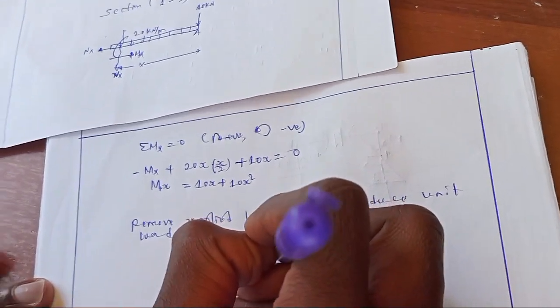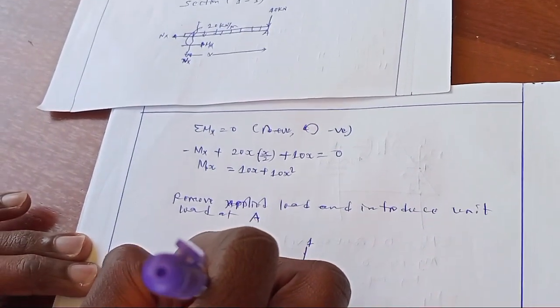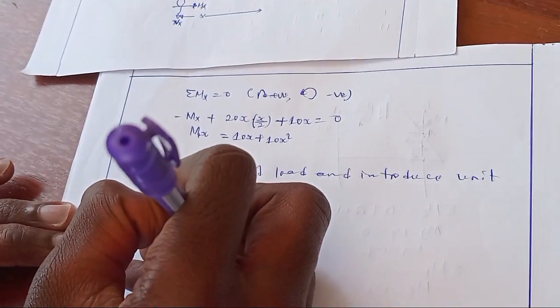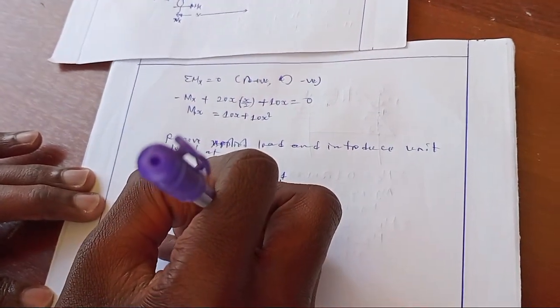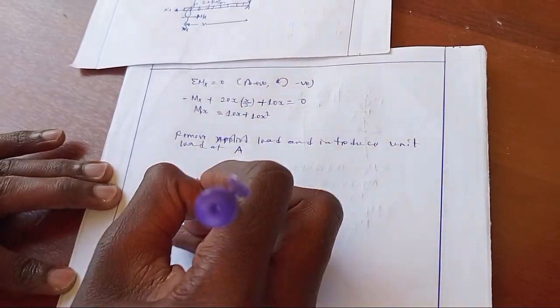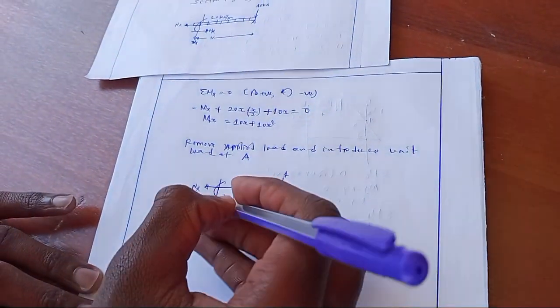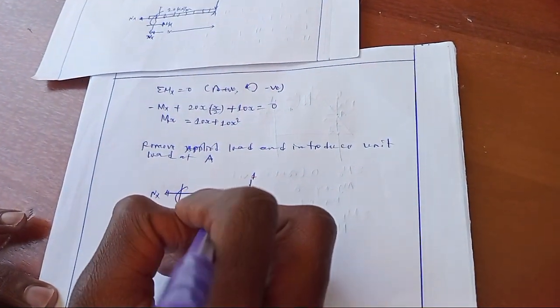This is the unit load. This is the shear force at x, the normal force, the moment due to unit load. This is a known distance x.